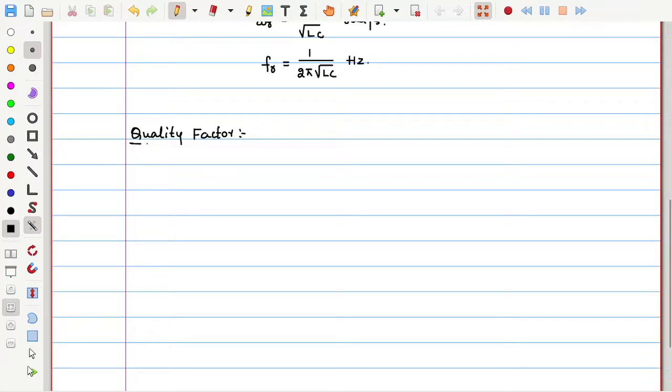The quality factor of a circuit is defined as the ratio between two voltages. Let us see what those voltages are.